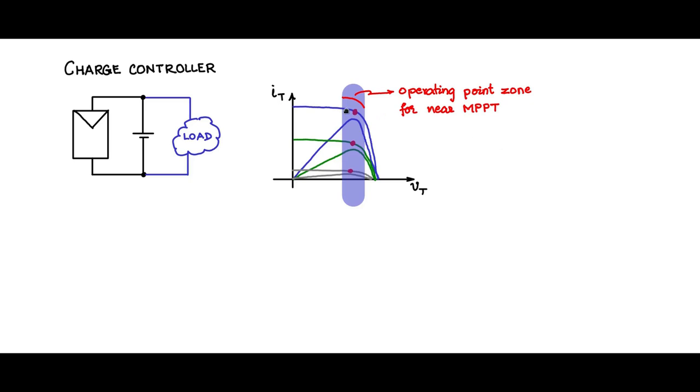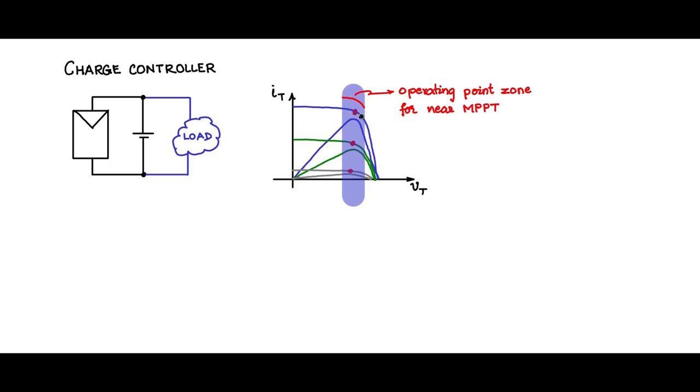If we now say that the operating point should swing in this narrow band near the peak power operating point, then obviously all these operating points are not supposed to be used because you will be way below the peak power operating point, and likewise on this side also these operating points are not supposed to be used.